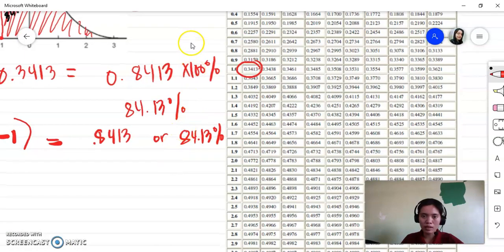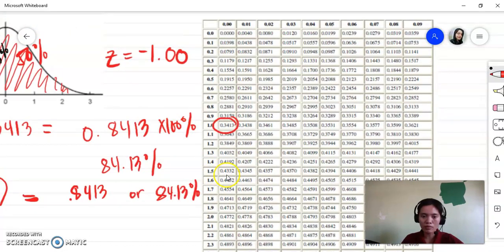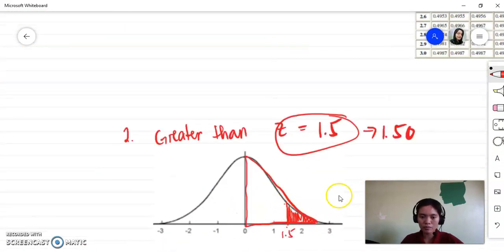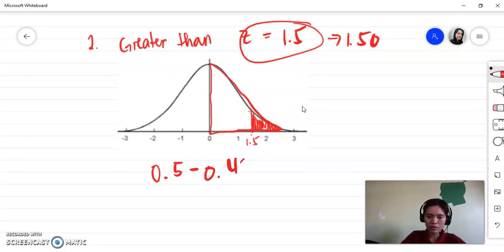In your table, look for 1.5, and the last digit is 0. So that's 0.4332. Let's subtract this one.